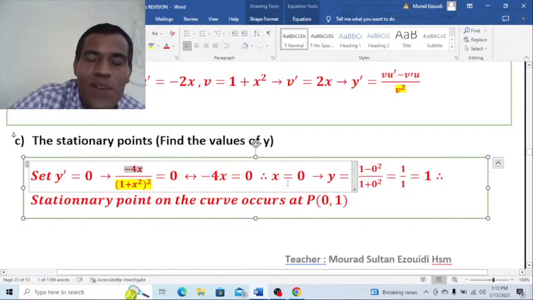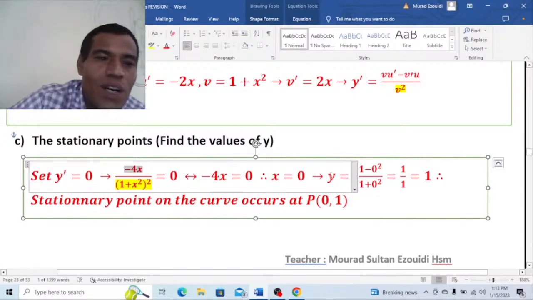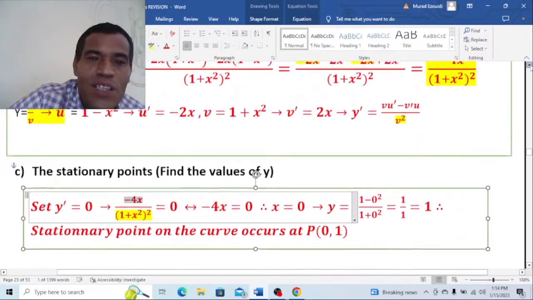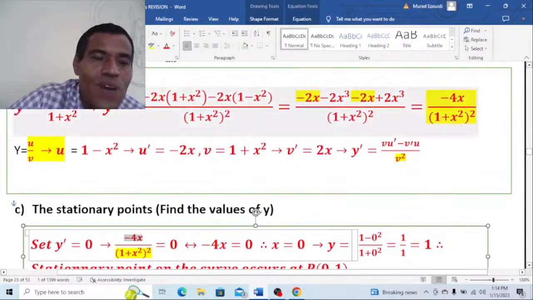Therefore, to find the value of y, we found the x coordinate of the stationary point, so we need to find the y coordinate of the stationary point. You go back to your equation and replace x with 0. The function is y equals 1 minus x squared over 1 plus x squared.